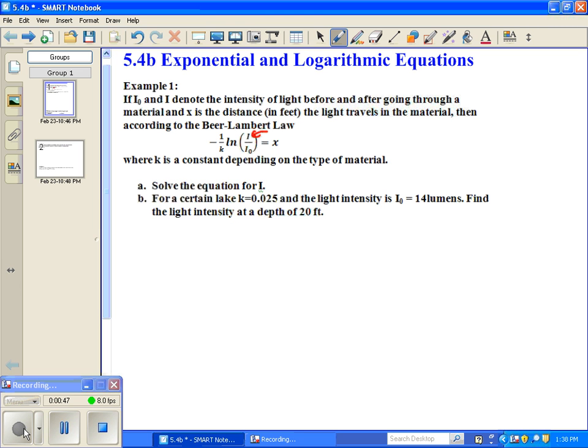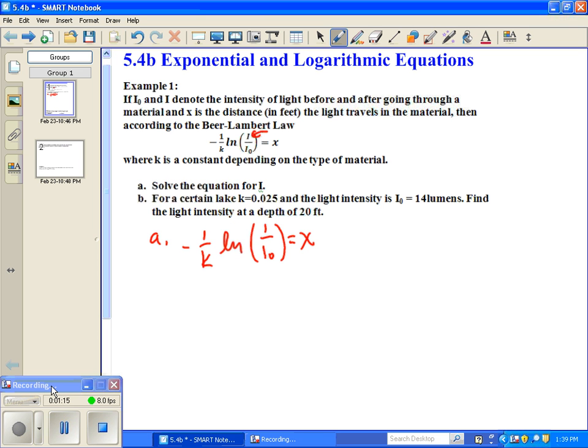So we're going to use some of the rules we have learned. Let me rewrite the problem here. So in order to simplify this, the first thing we want to do is get rid of that negative 1 over k in front of the natural log, because we want the log to be by itself.